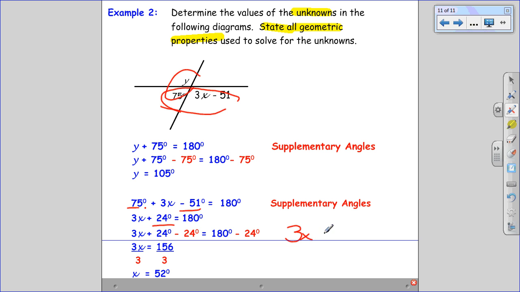Finally, I should substitute back in to figure out what that angle is. So it's 3 times 52 minus 51, 156 minus 51, and that angle has a value of 105 degrees.